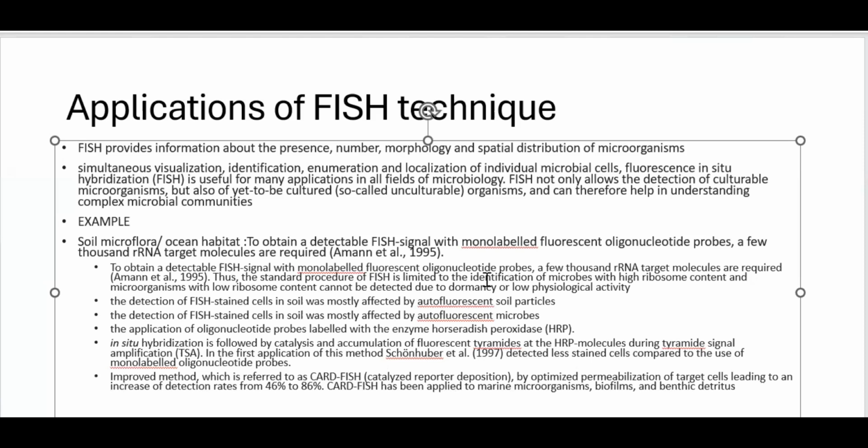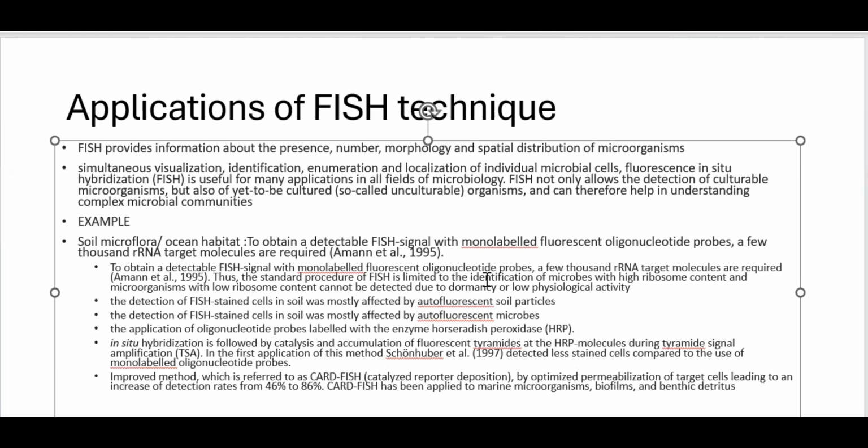Or maybe if you are talking about RNA, then ribosomes. If it is DNA, then multiple copies of that particular sequence or particular bacteria in the particular colony. So if different types of bacteria are there, the signal will be very weak and very poor. And there you need to have multiple copies, then and only then can you get a good signal. So these are the limitations of normal FISH.